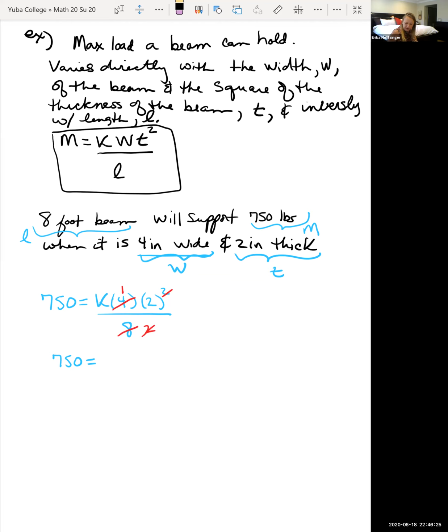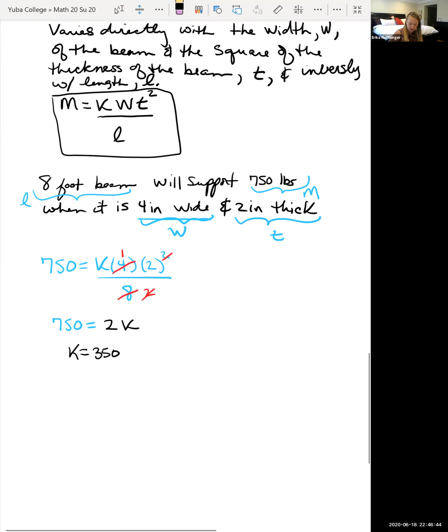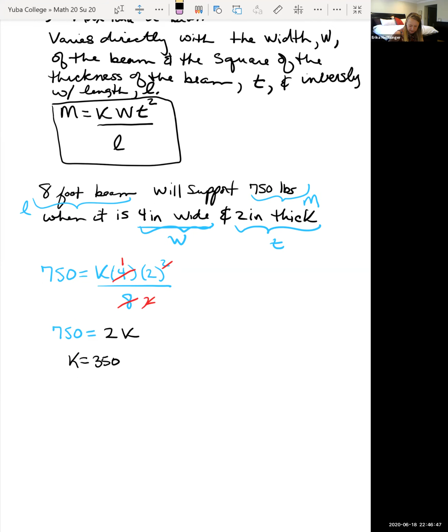Okay, so that would have left me with just a 2K, and thank you for stopping me because I'd rather do that before I finish and then have to go back and do it. So K is 350. So we now have our generic equation that we can now answer what they are throwing at us.